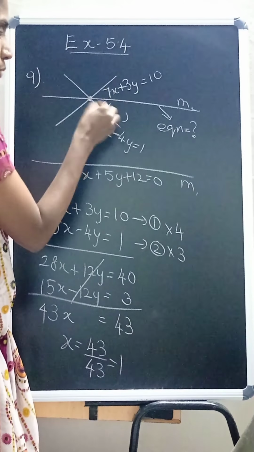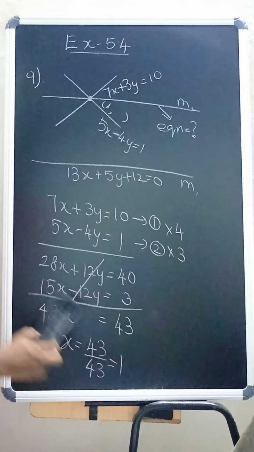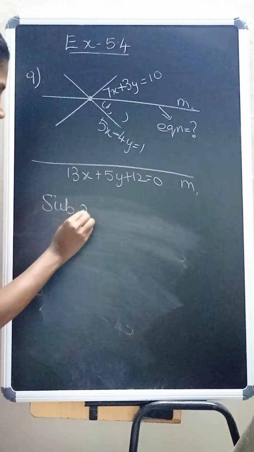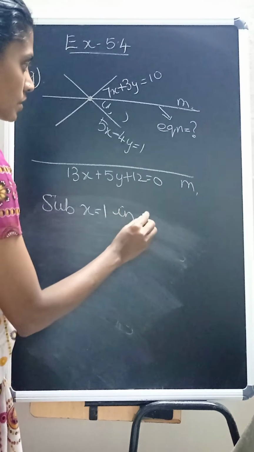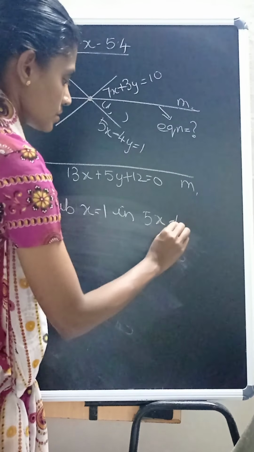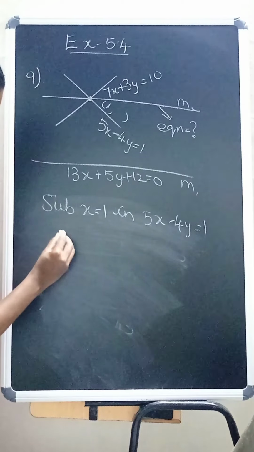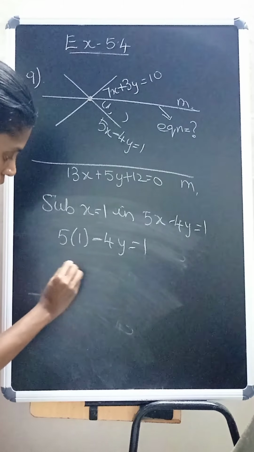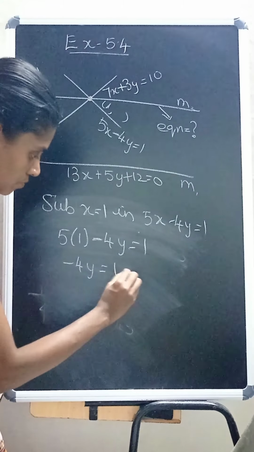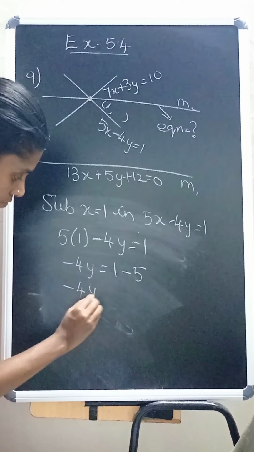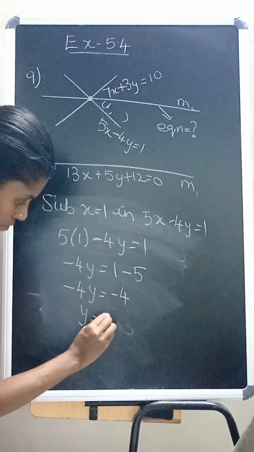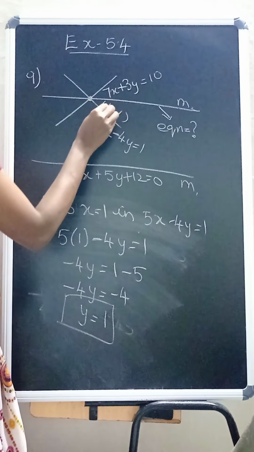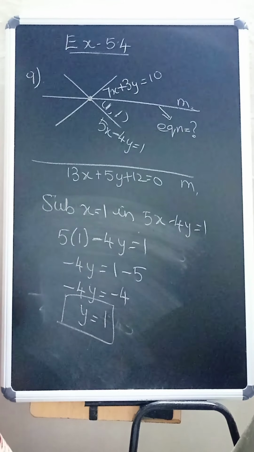Now x point is 1. We have got (1, 1). (1, 1) is the point of intersection of these two lines.